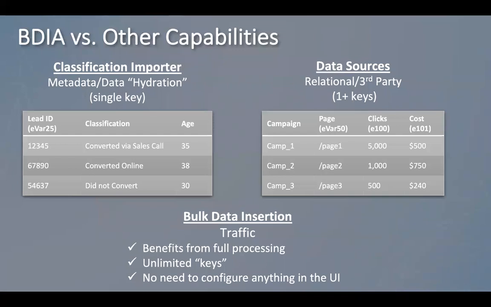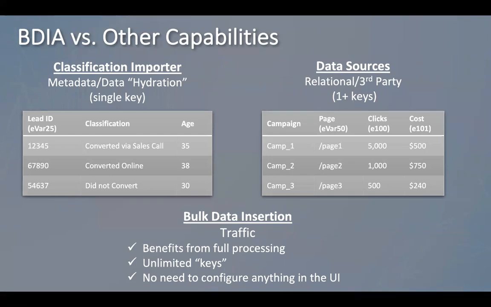It's what I call data hydration, where you might have a lead ID, and then you might package up whether they converted online or via sales, maybe age and gender, and you upload that using the lead ID as the key. Then data sources expands a little bit more. I consider that to be more relational, third-party data.